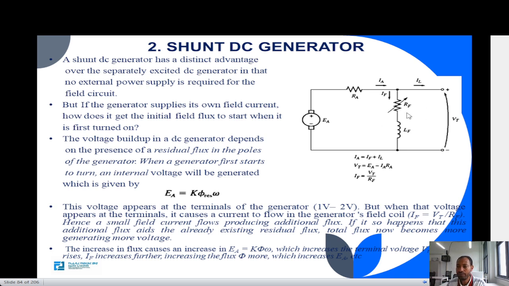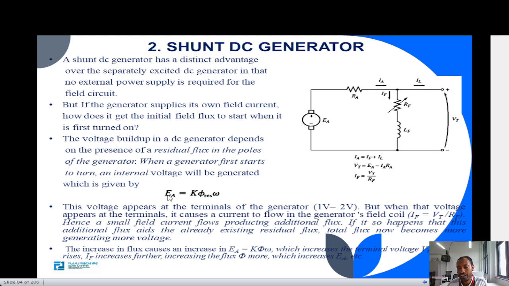The answer to this question is the residual flux, which we discussed in a separate course. There should be residual flux inside the generator. If there is no residual flux, there is no EA or EG, and no generator.